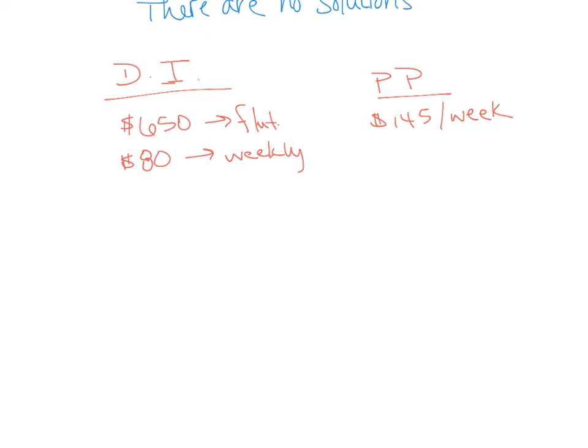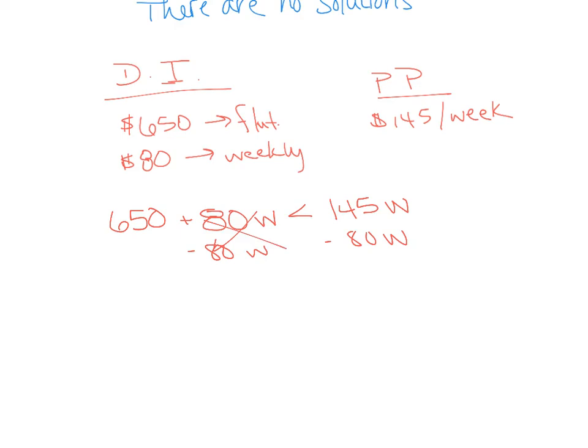So we have $650 that we're paying no matter what, plus $80 per week, okay? And we want to know for how long that will be less than $145 per week. So we can subtract 80W minus 80W.